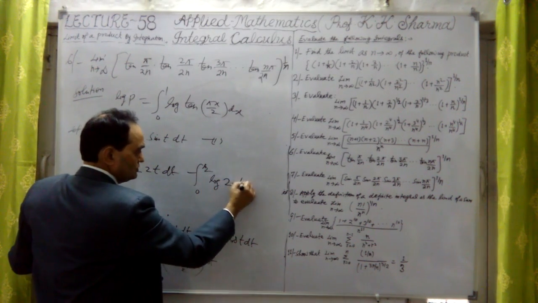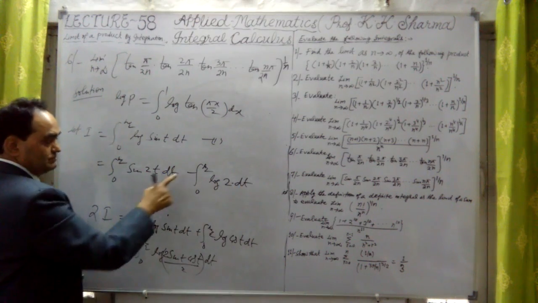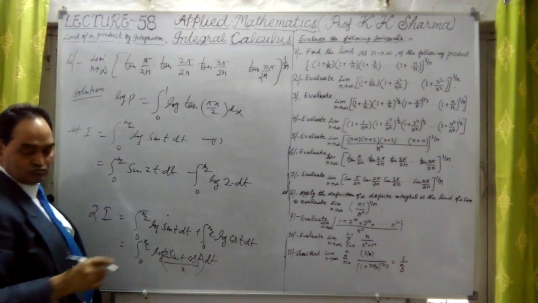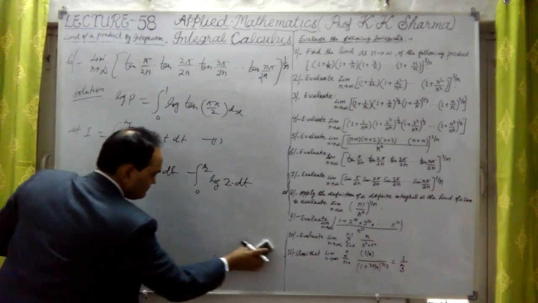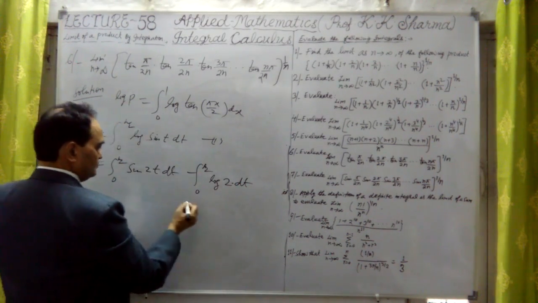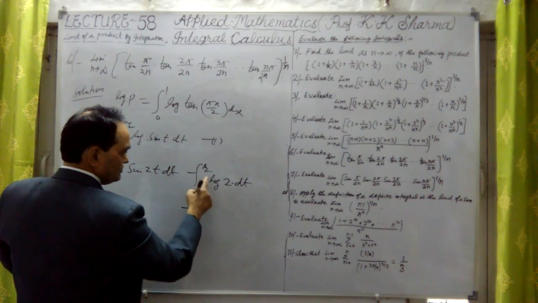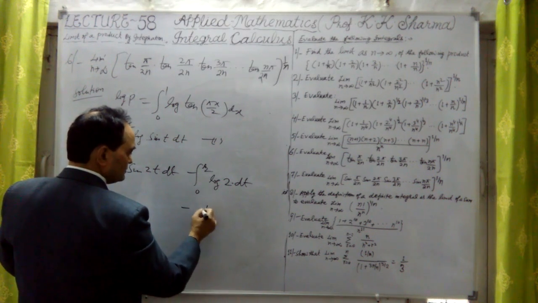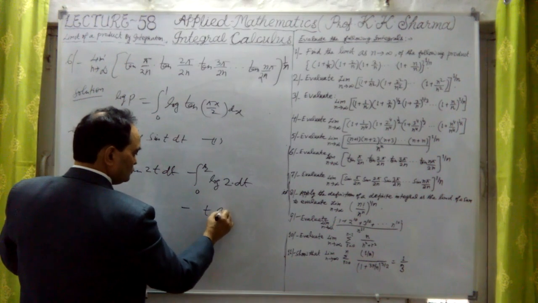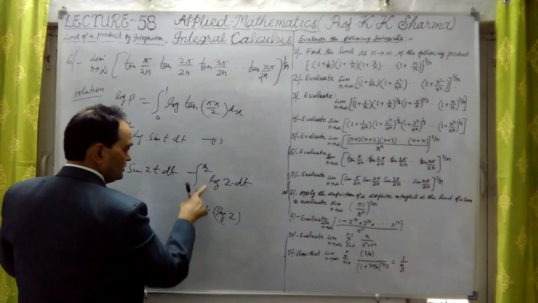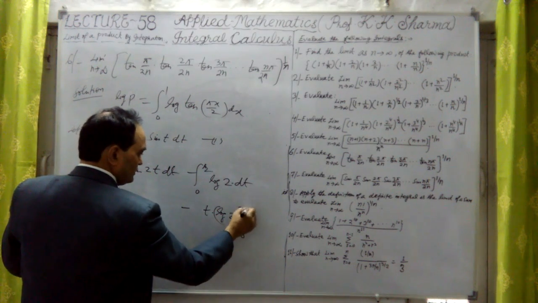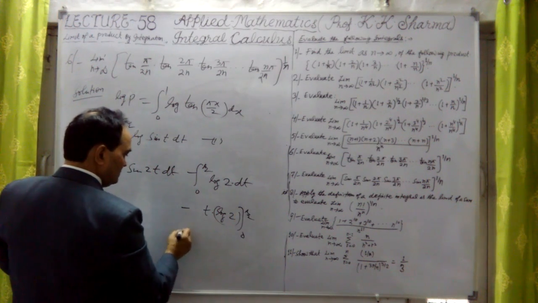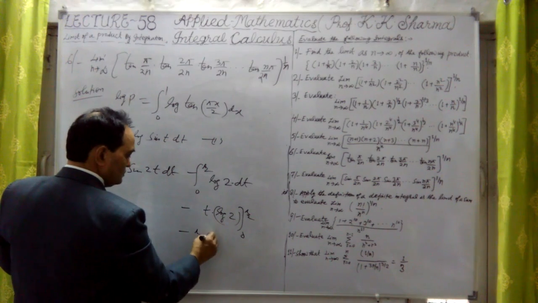This is minus log 2 into dt, so it is t times the integral, as log 2 is constant and the integral of dt is t. Now putting the limits 0 to pi by 2, it will give us minus pi by 2 log 2.